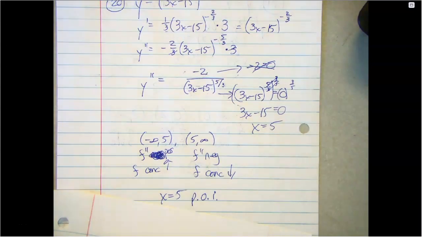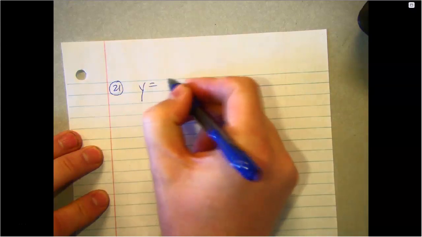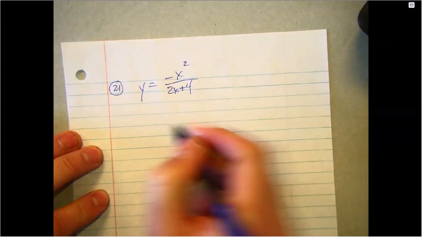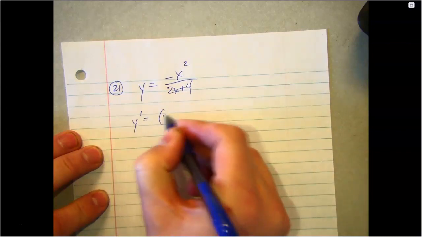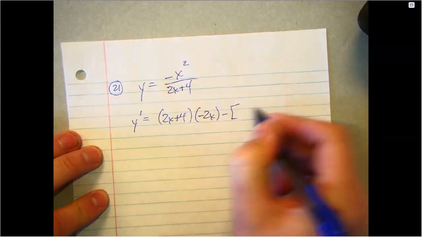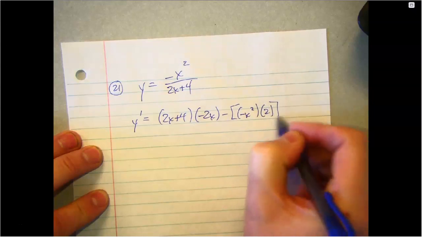Everyone knows quotient rule. Remember, you got the bottom times the derivative of the top minus top times the derivative of the bottom.